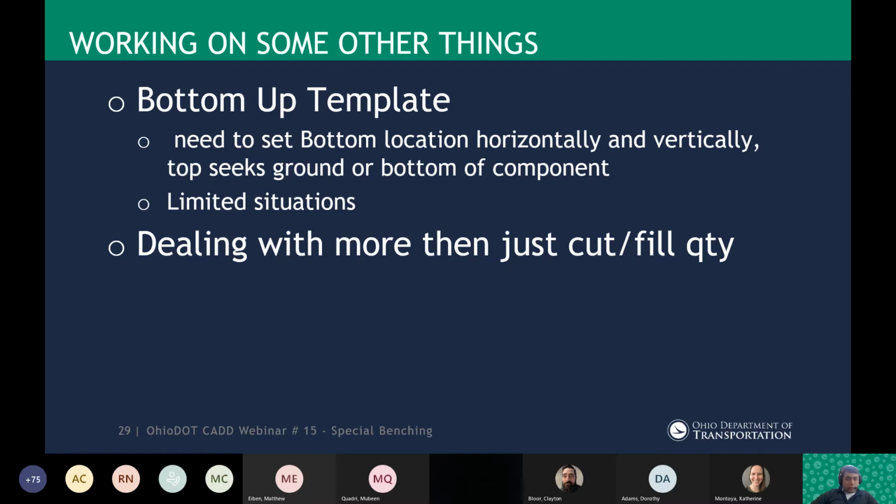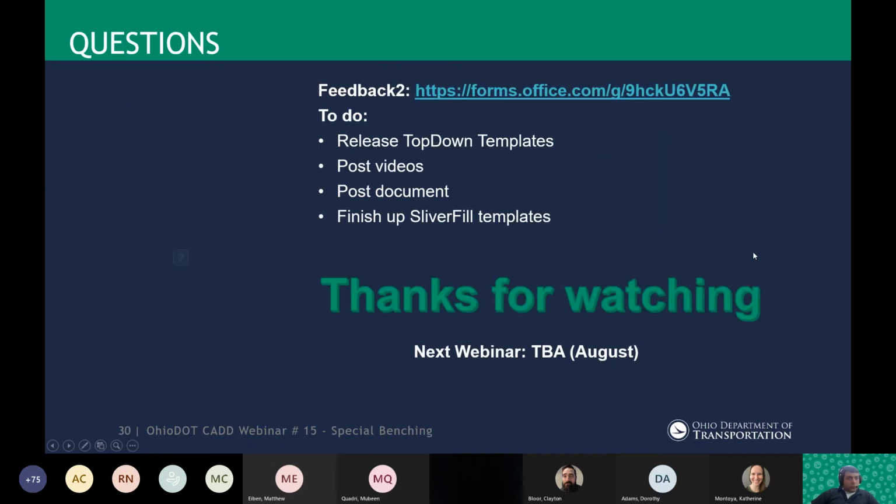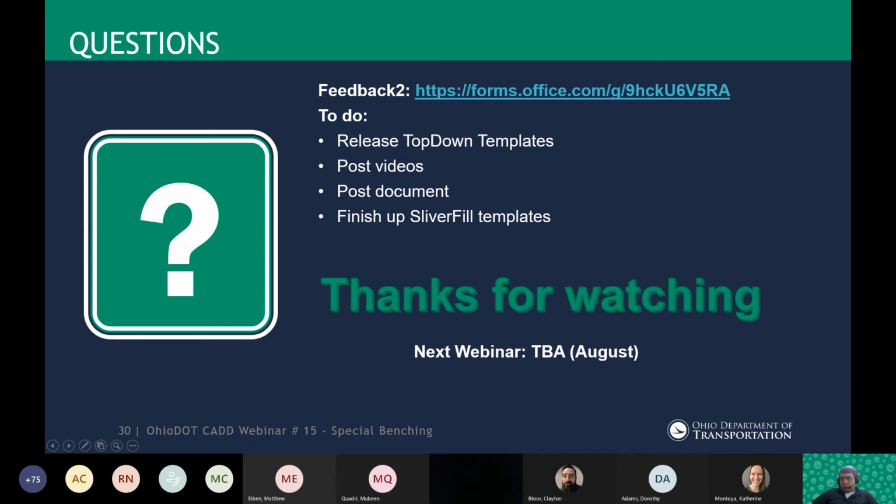I haven't verified that yet. I believe you can still run other reports and get those quantities, but that's something I'm looking into still. But overall, that's what I came up with for dealing with special benching.